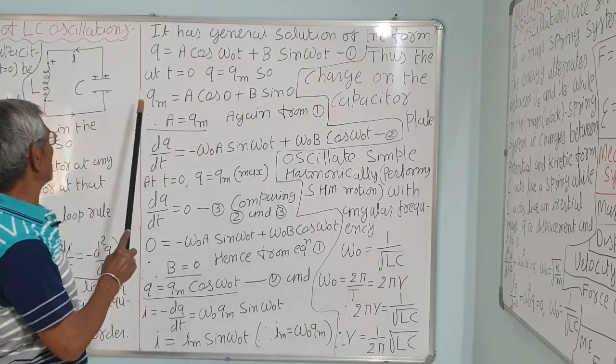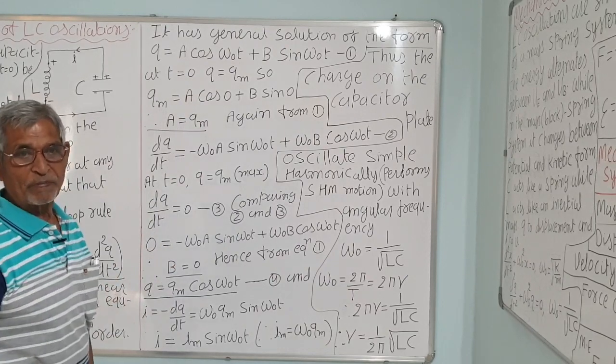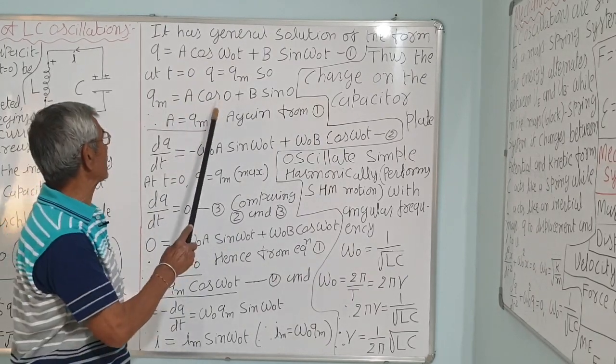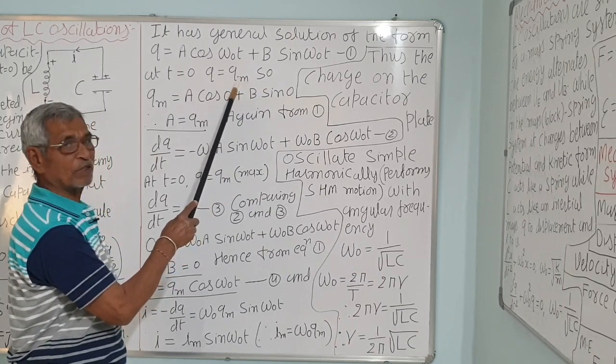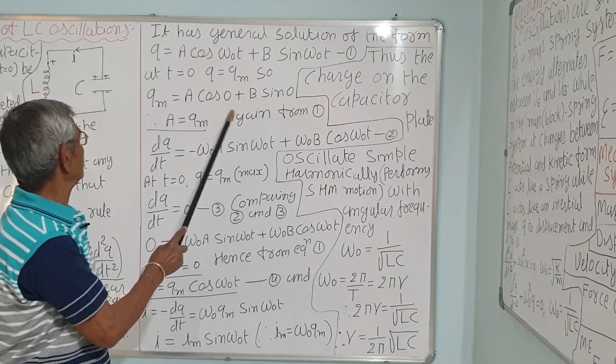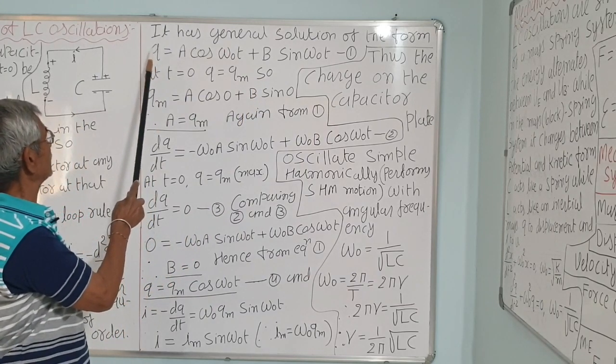Now let us set the condition at t is equal to 0. We know at time t equal to 0, the capacitor was fully charged, the charge was maximum, that is Qm. As I told you, in some books it is written Q0 also. So this q will be Qm at t equal to 0.